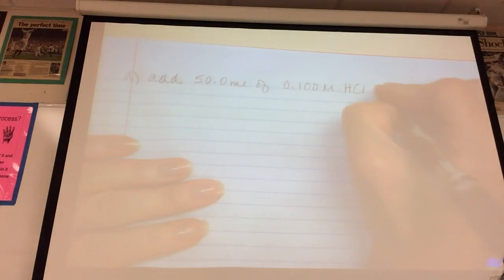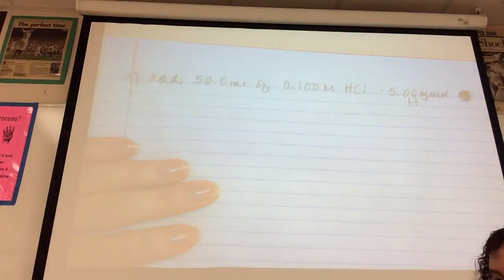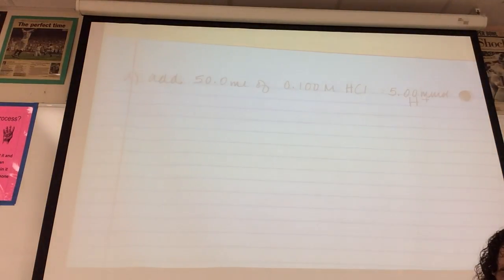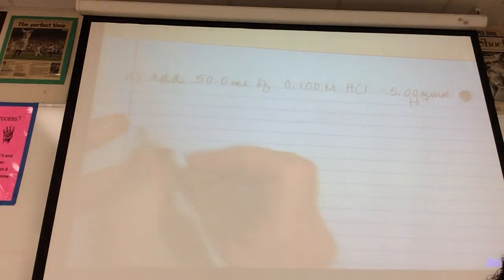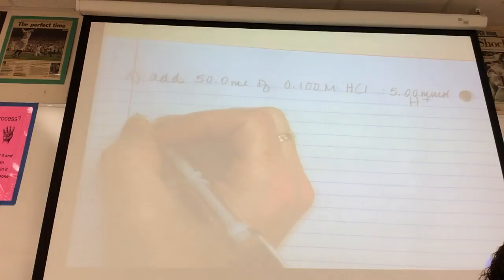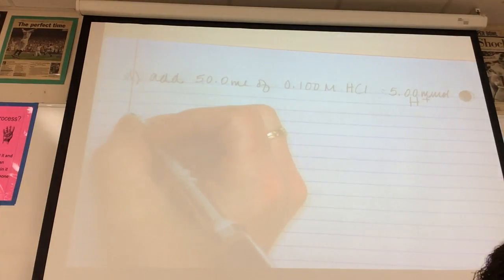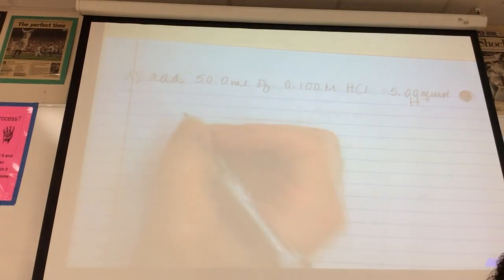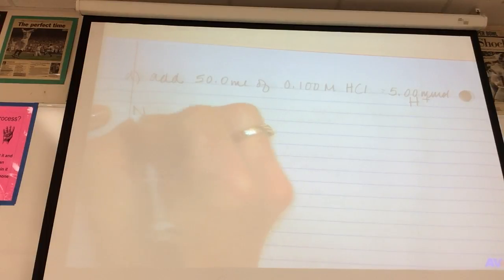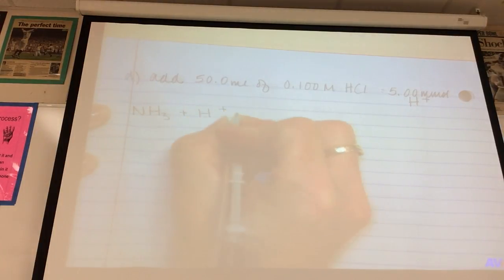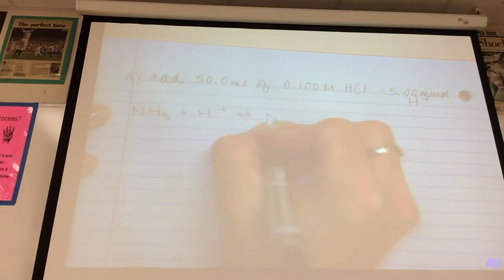So that's going to be 5 millimoles of strong acid, and right away you're like, ooh, the equivalence point. So at the equivalence point, things do change. Let's prove we're at the equivalence point. Again, weak base, and we're going to neutralize it with strong acid, hence this equation.